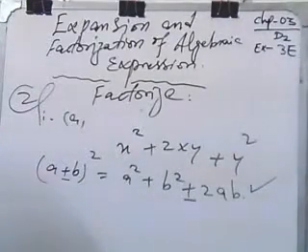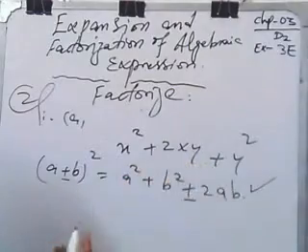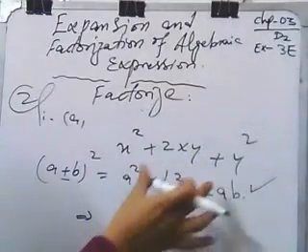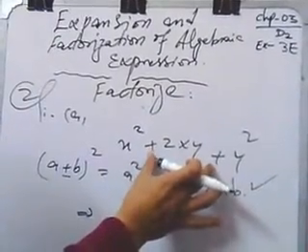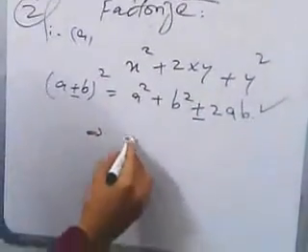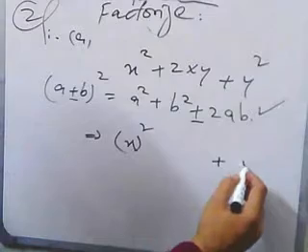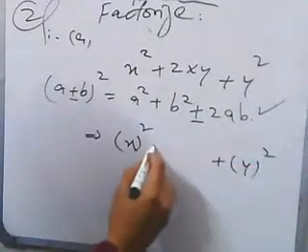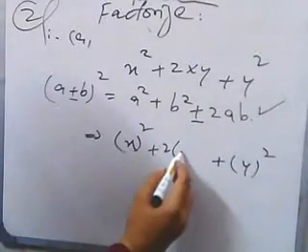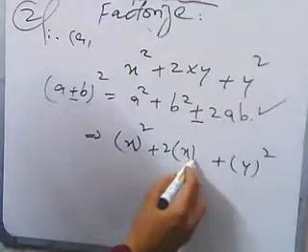So when we see this question, we come to this conclusion that if you take the reverse of this, you can write x square plus y square plus 2xy, where a is x and b is y.